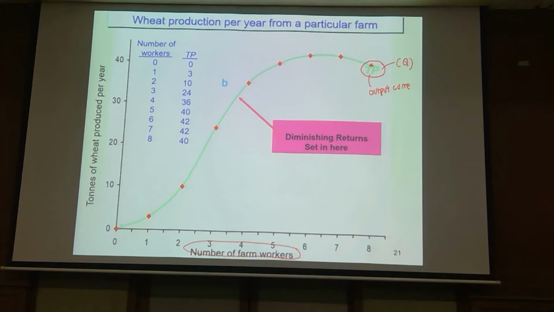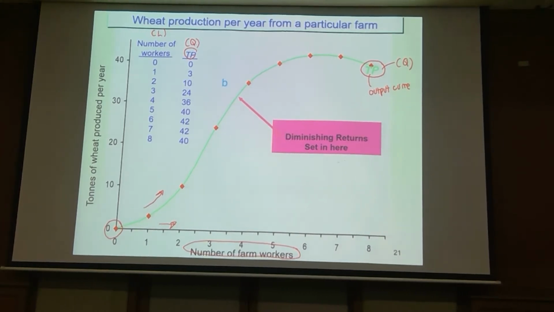Of course, if you don't employ any labor, you're going to get zero output, because it's just land and no labor, how are we going to get the output, right? But when we start employing the labor, initially we get more and more output, right? So for the information over here, this is the amount of labor that we employ. This is the total product or output.